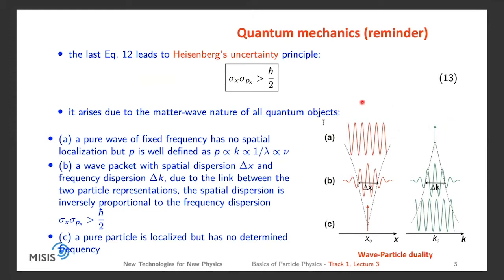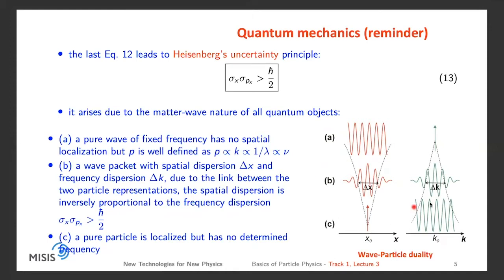We can see a graphic representation of the wave-particle duality in this plot, which combines three cases. First case, A, when we have a pure wave with a fixed frequency, which doesn't have any special localization here, but p is well defined.